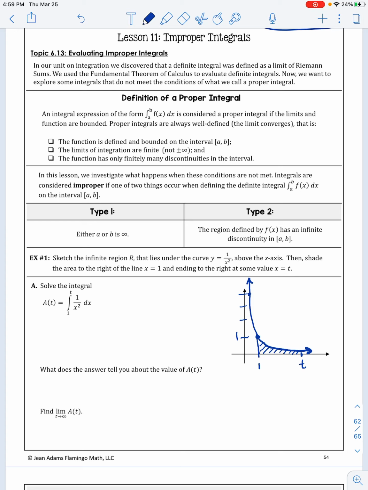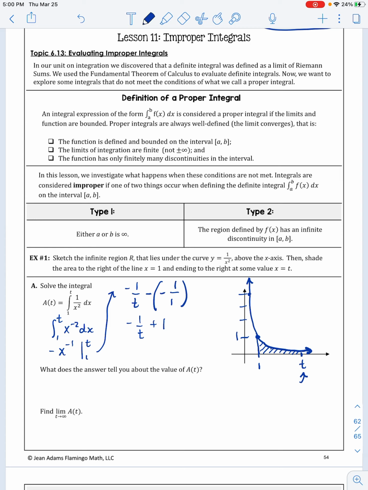So I've got the integral from 1 to t, and I've got x to the negative 2 dx. So that's going to be x to the negative 2 plus 1 divided by negative 2 plus 1, from 1 to t. That's going to give me negative 1 over t minus negative 1 over 1. So negative 1 over t plus 1.